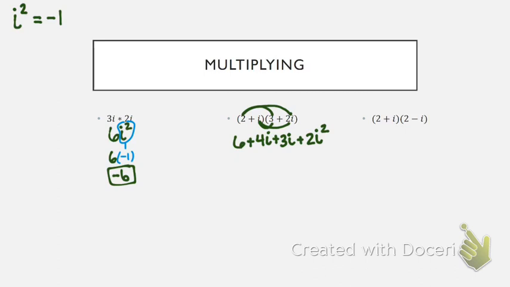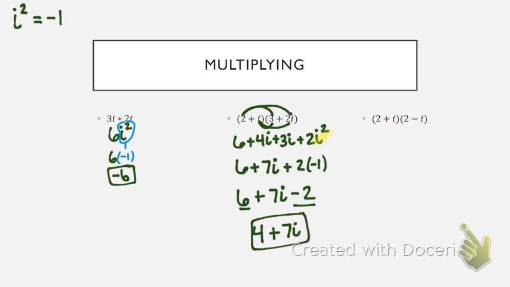All right, the 6 just hangs out. 4i plus 3i is 7i. And then we have i squared again. So that's plus 2 times negative 1, which is 6 plus 7i minus 2. 6 minus 2 is 4.